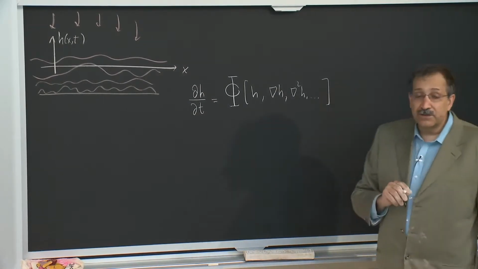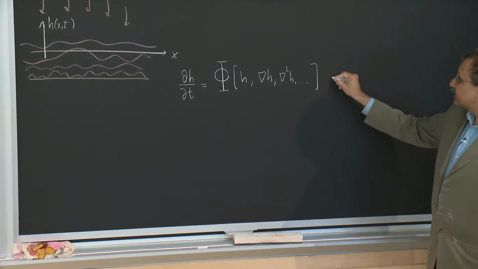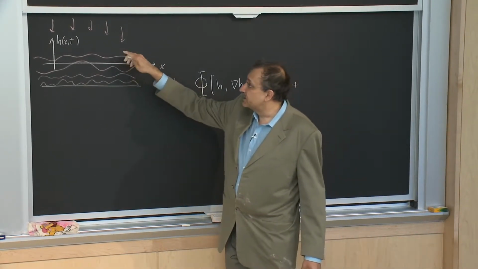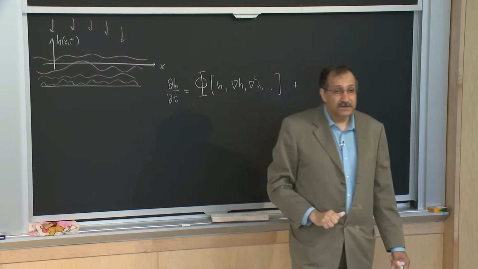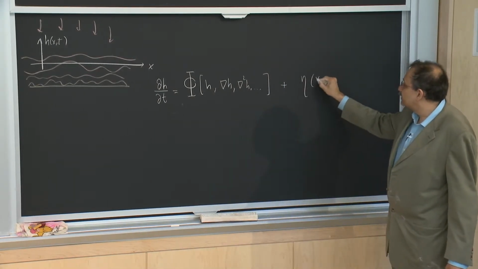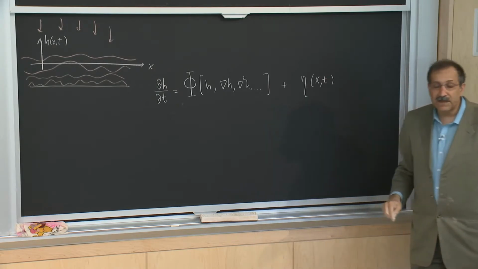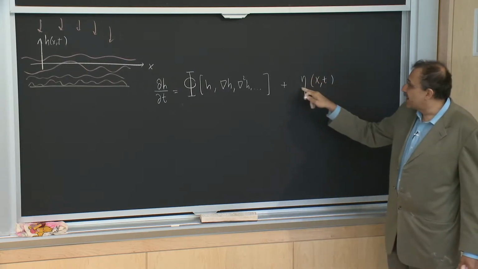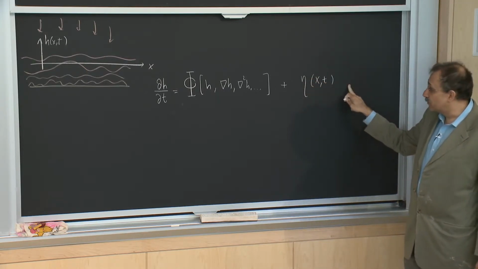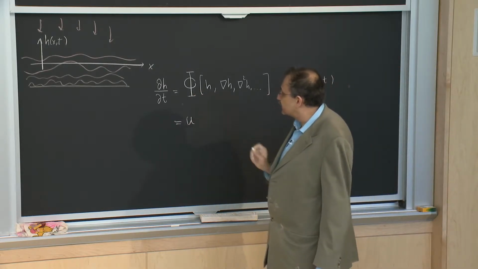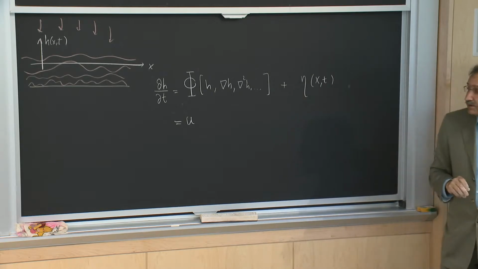Of course, in this particular system, that's not the end of the story, because the change in height is also governed by this random addition of the particles. So there is some function that changes as a function of position and time, depending on whether at that time a particle was dropped down. I can always take the average of this to be 0 and put that average into the expansion of this starting from a constant.